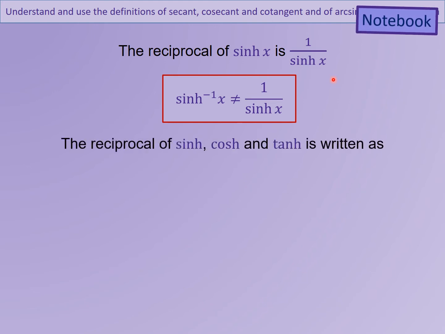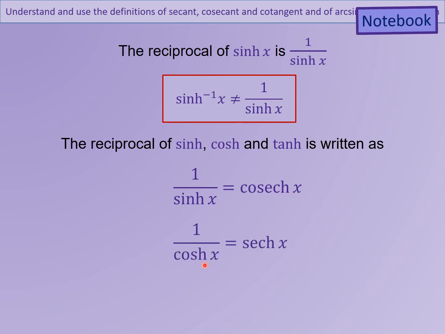So what we do is we give those reciprocal graphs their own names. You would have heard these sorts of names before from normal maths to do with trigonometric functions, so hyperbolic functions follow the same sort of idea. 1 over sinh is cosech. The third letter rule still follows here as well: co divided by sinh, so it's cosech, like cosec with an h. 1 over cos is sec, third letter rule is a C, and you can see that it's sec with an h, so it's sech x.